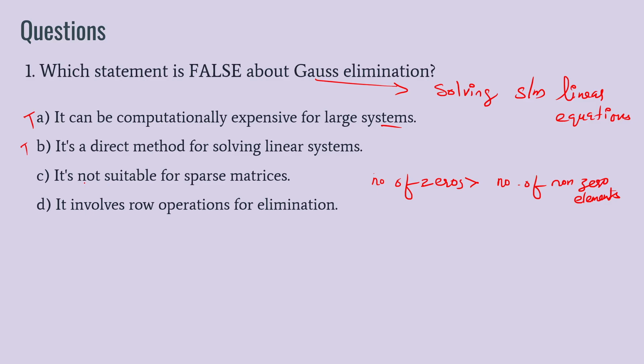There is a notion that sparse matrices cannot be solved by Gauss elimination. The only issue is when a pivot element becomes zero, that is, when a diagonal element becomes zero. That can be avoided by reordering the rows actually. So sparse matrices can be solved with Gauss elimination.